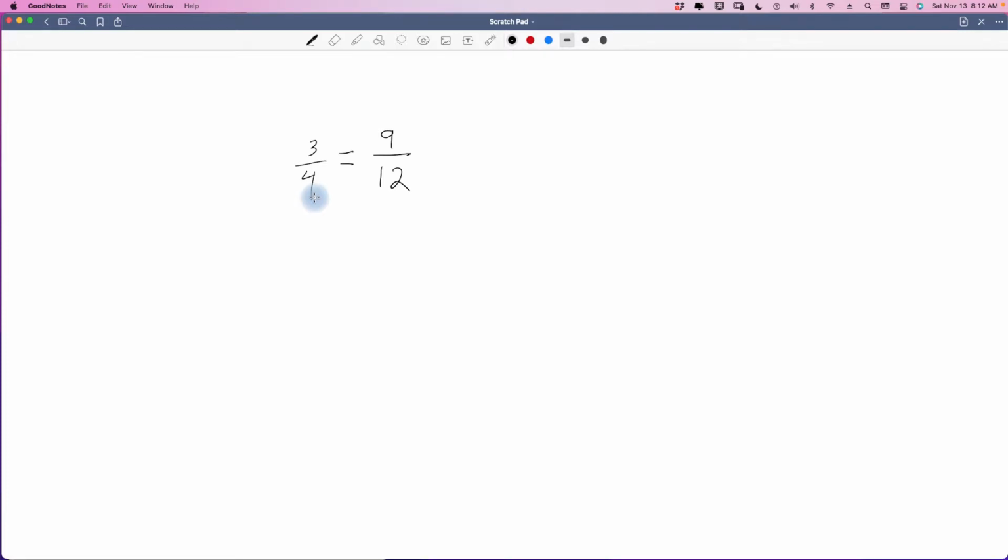So all you have to do is multiply the top times the bottom on both sides. 3 times 12 is 36, and 4 times 9 is 36. If they end up being the same number, then you know that these ratios are equal to each other, and this is a true statement.